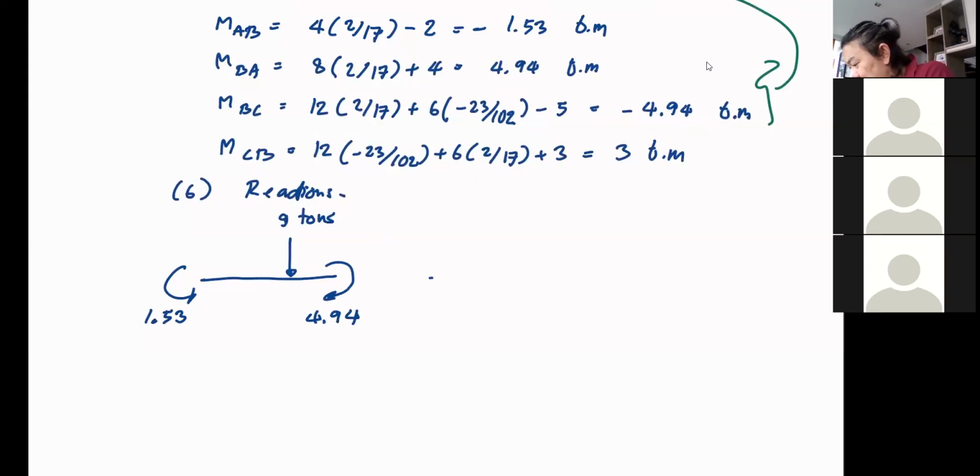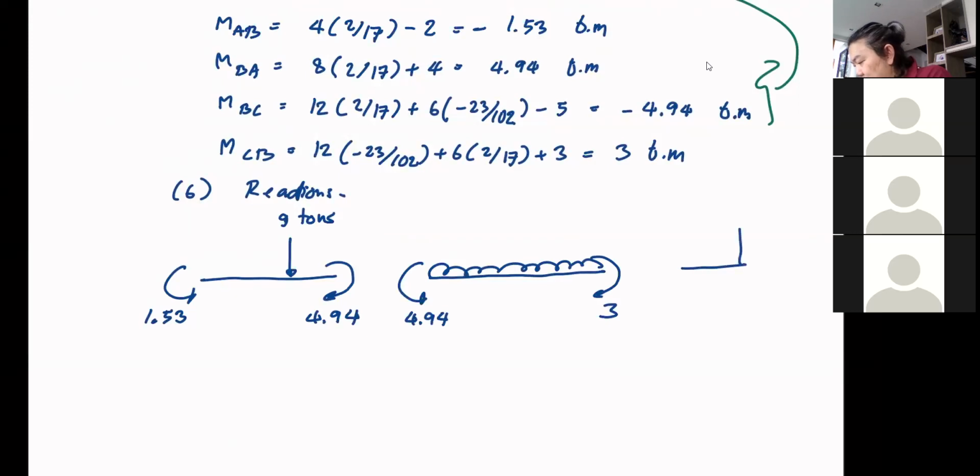Next one. Minus, so it's counterclockwise, 4.94. See how they all come in nicely. This is plus, so it's clockwise 3. And you have here a uniform load, and then another one. That's a cantilever, right? 2, and that moment is 3.